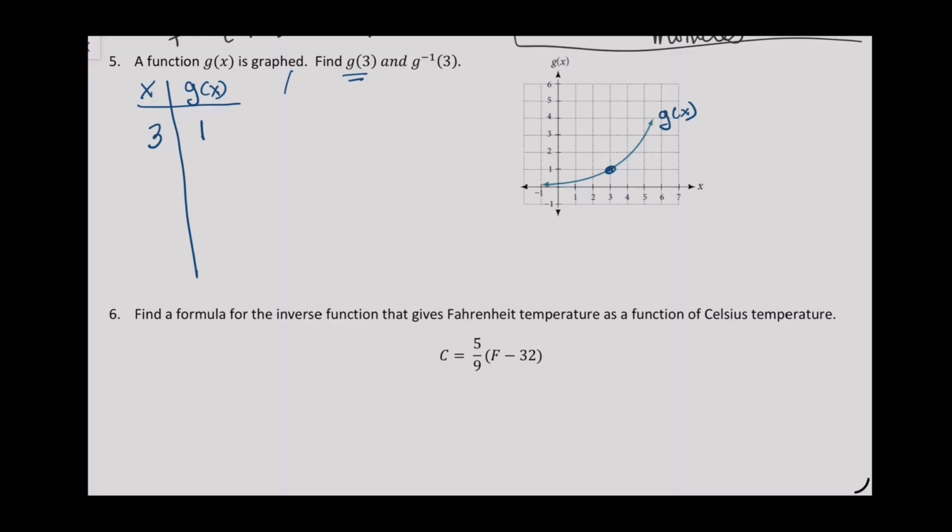So x and g inverse. Okay, so because we know domain and range flip-flop, when a 1 goes in for x, the inverse function produces a 3. Okay, so if the function has a point 3, 1, the inverse has a point 1, 3.